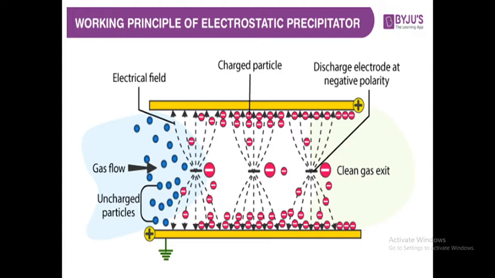The negative terminal of the high voltage DC source is used to connect the negative electrode, and the positive terminal of the DC source is used to connect the positive plate. Are you clear? Okay.